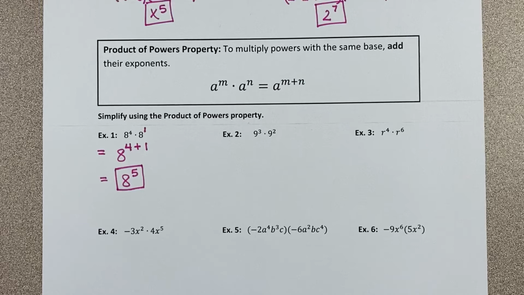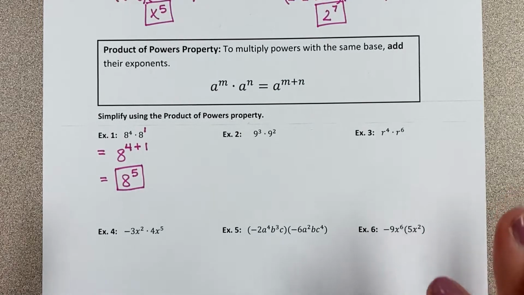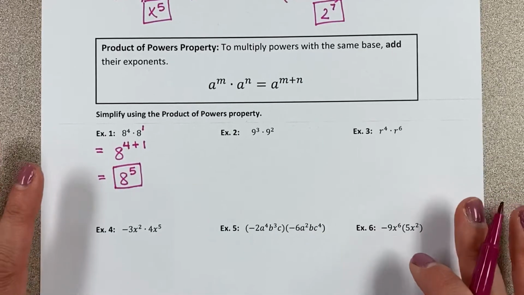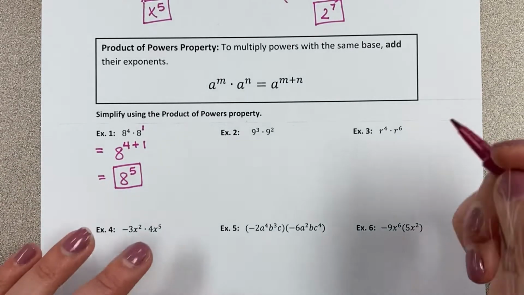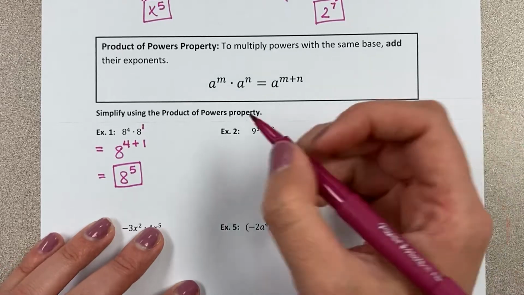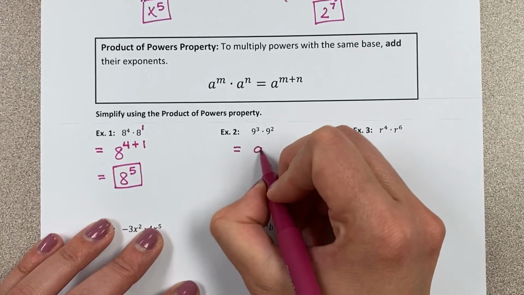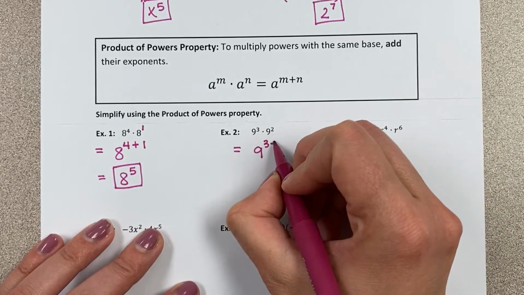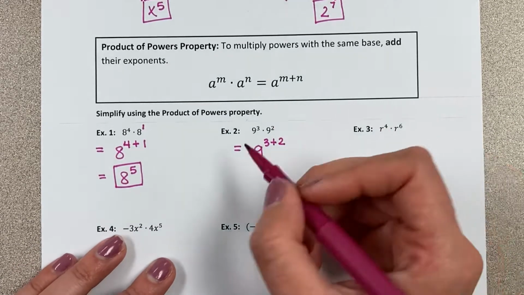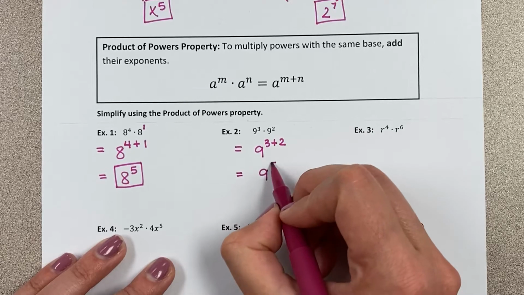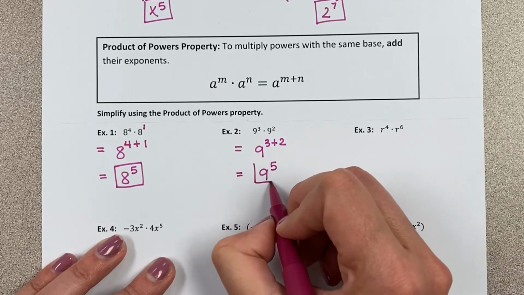All right, example 2. We have 9 to the third times 9 squared. So I'm going to take 9, and then I'm going to add 3 plus 2. When I do that, I get 9 to the fifth power.